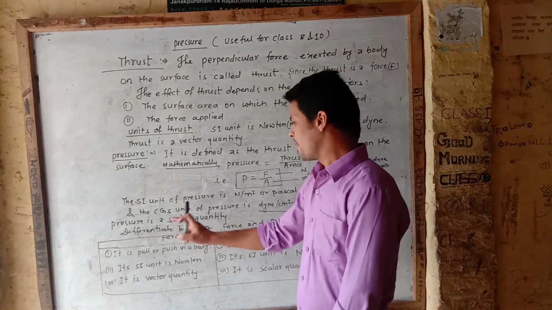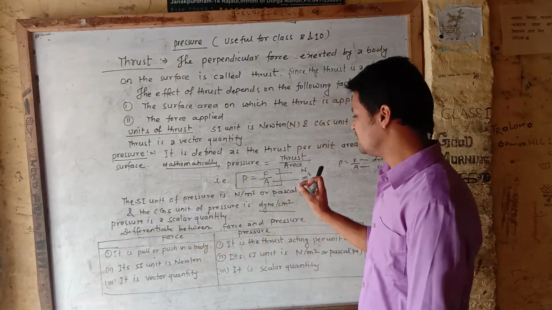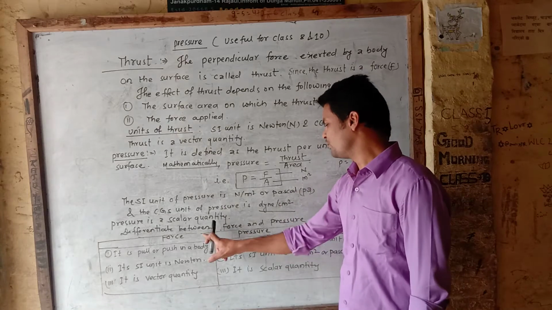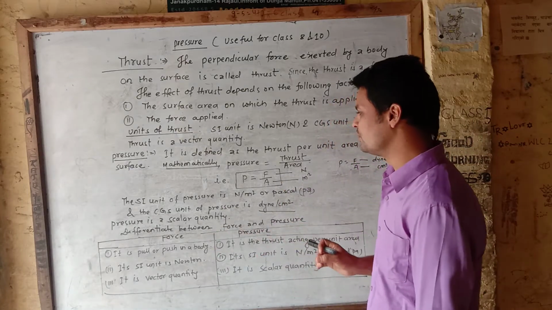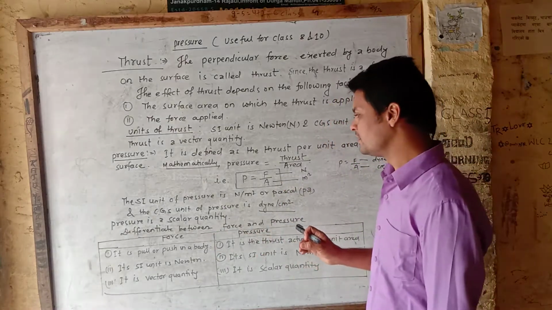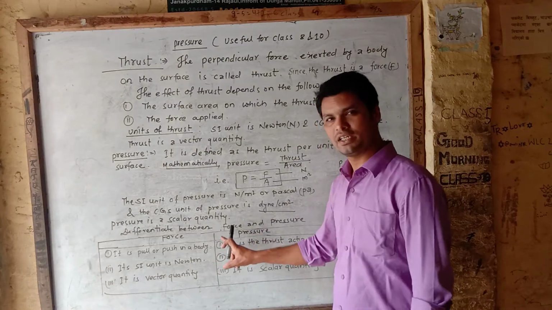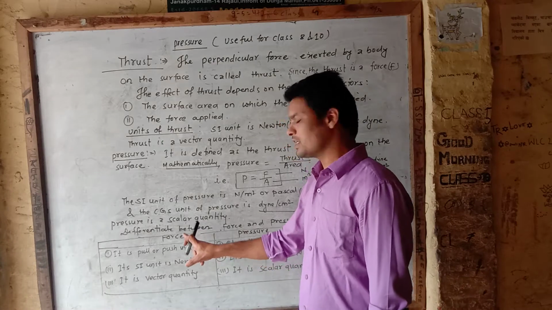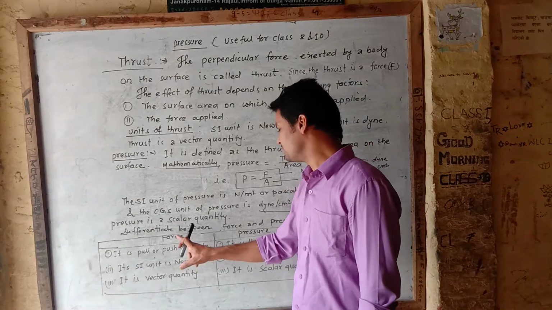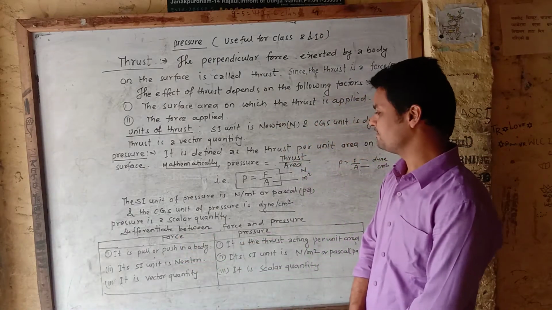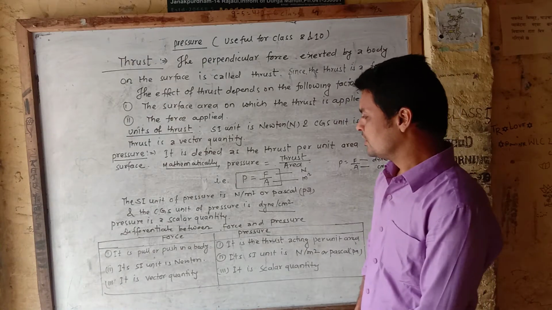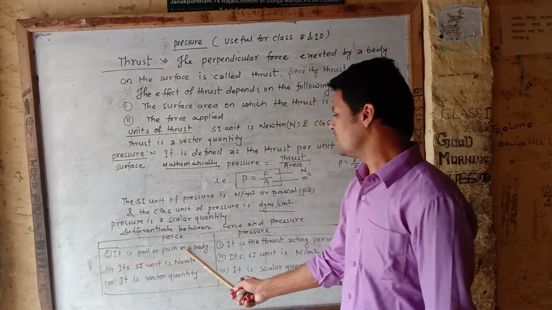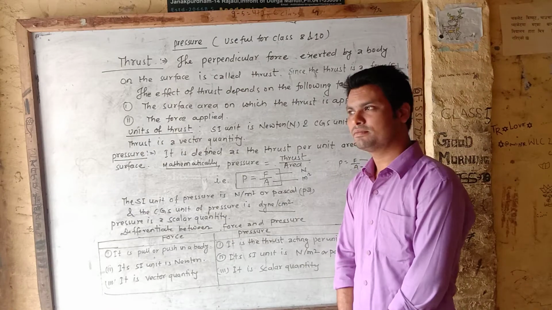Now, you have to differentiate between force and pressure. How can you differentiate between force and pressure? Let's start with the difference between force and pressure. Force is the pull or push in a body.